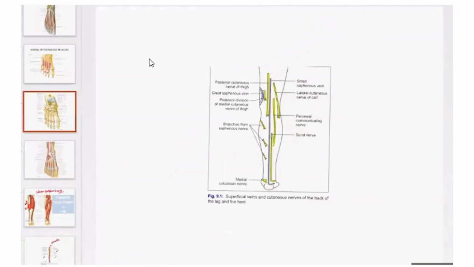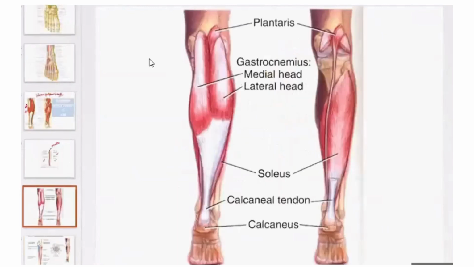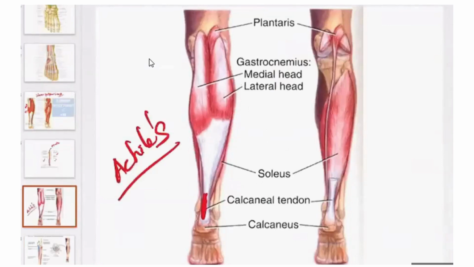Now, as we know, biceps has 2 heads. Here, the gastrocnemius also has 2 heads. The 2 heads unite to form a muscle mass, which is inserted as a tendon. This tendon is called the Achilles tendon, otherwise called tendo-Achilles, which is attached to the calcaneum.